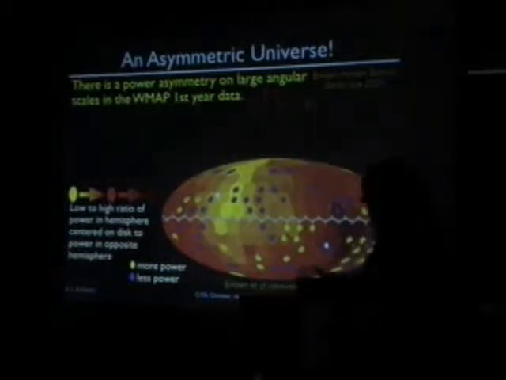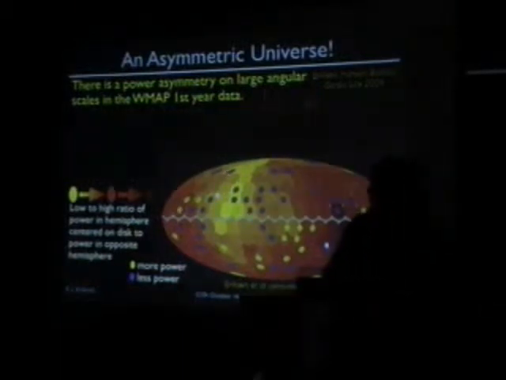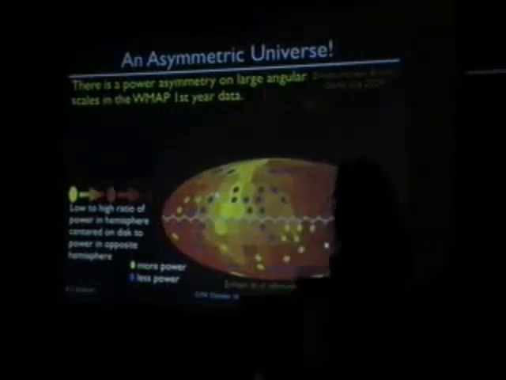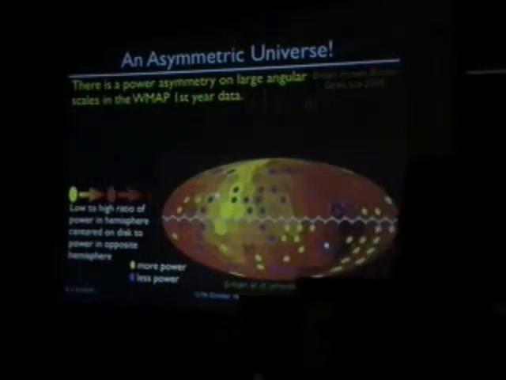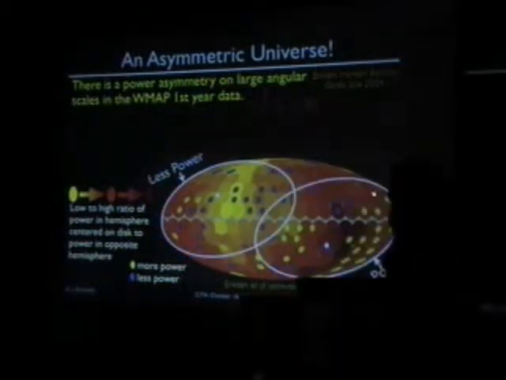Another way to see that is if you look at which one of these little disks has abnormally high power compared to what you'd expect from a Gaussian simulation, i.e. greater than 80%, and which ones have abnormally low power. And you can see the abnormally low power ones are clustered more in this side of the sky, and the high ones are clustered more on this side of the sky.